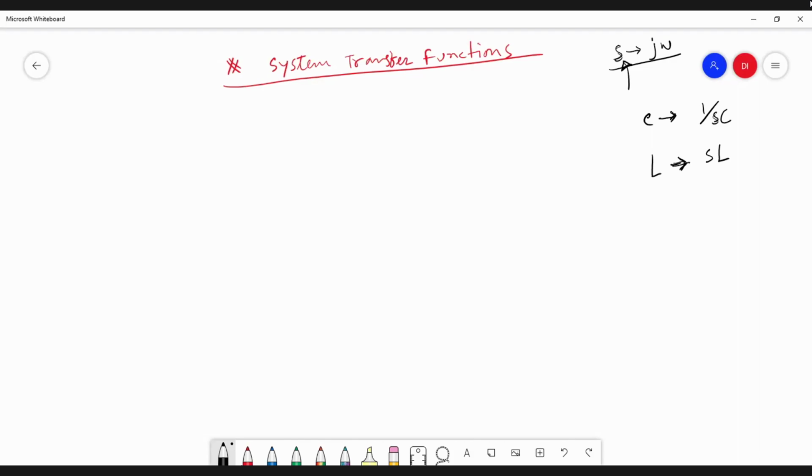R is simply R. And S is equal to j omega, equal to 2 pi f.